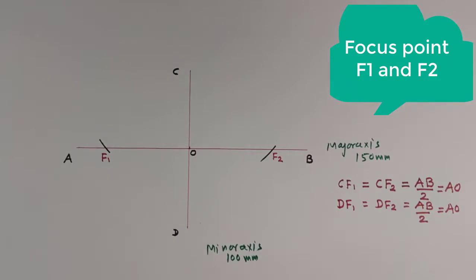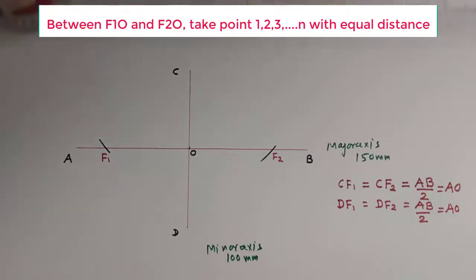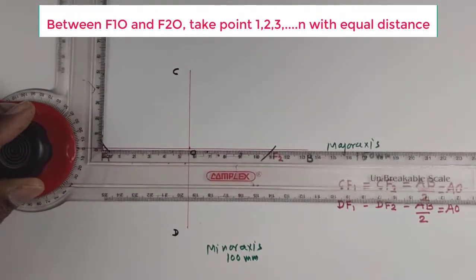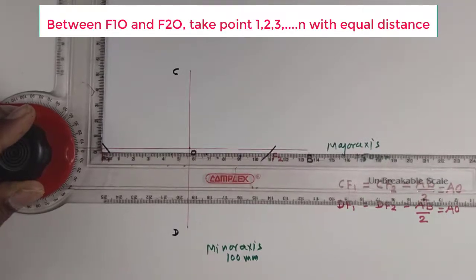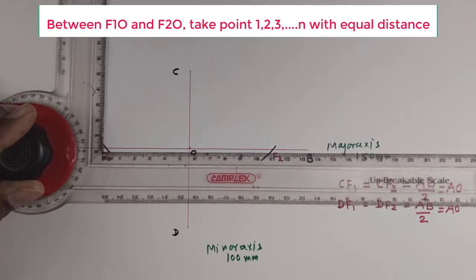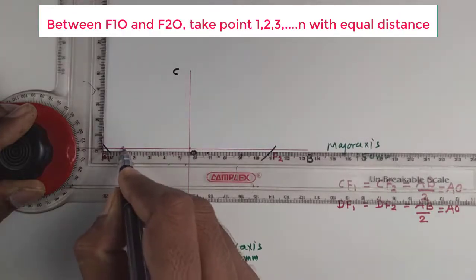Now the next step, we measure the distance F1 to O point, and we divide this distance in number of parts. So here I am taking the 11 mm.